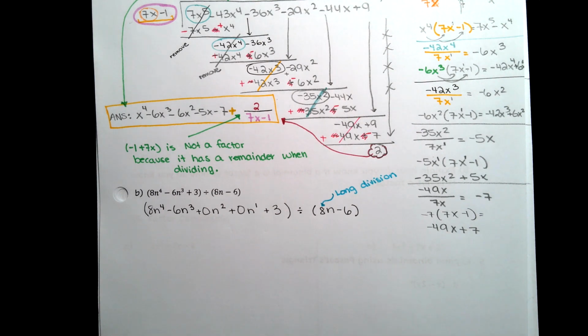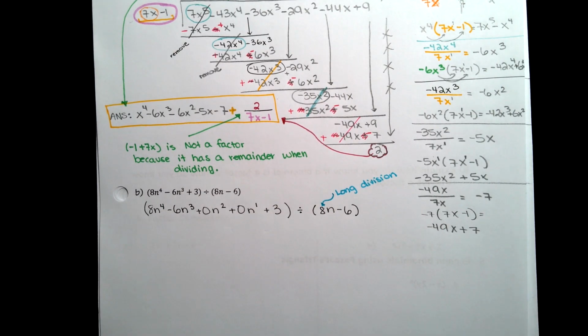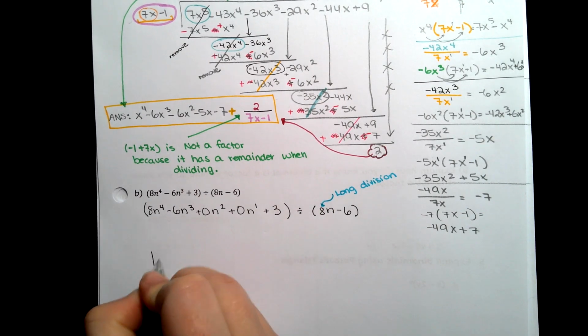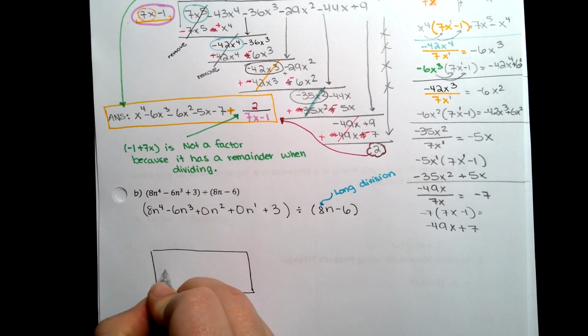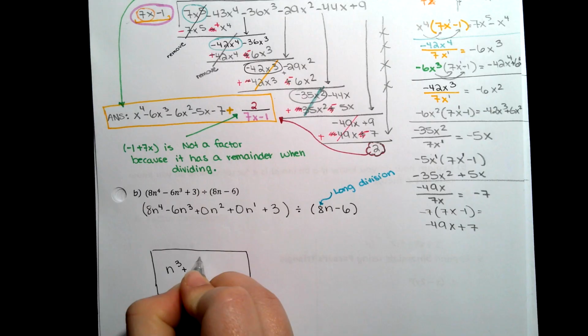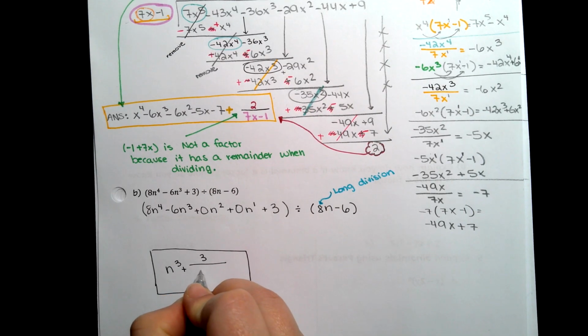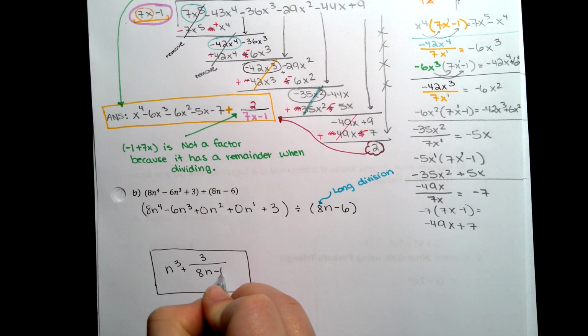So with this long division, I'm going to skip a little bit around, and I'm going to give you the answer as n cubed plus 3 over 8n minus 6.